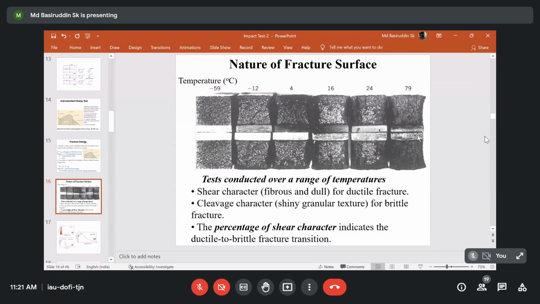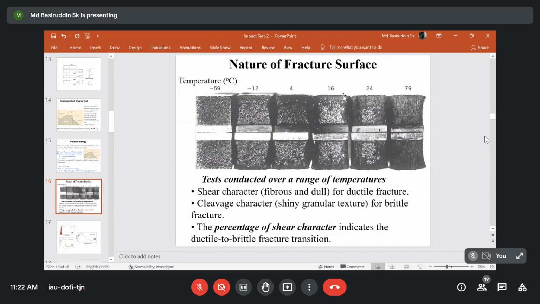These things are already mentioned in the ASTM standard. If you have any interest, you can go through the ASTM standard and understand how, in this indirect fashion, we can measure the impact energy absorption capacity. By seeing this fracture morphology, you can also think that the fracture has happened in ductile fashion.